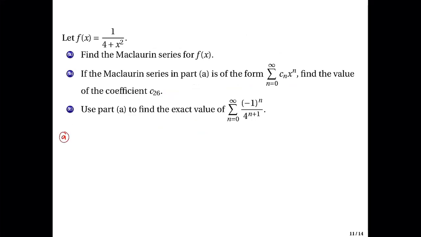So for letter A, remember, this is what we know. The series sum of x to the n is just 1 over 1 minus x, provided the absolute value of x is less than 1.